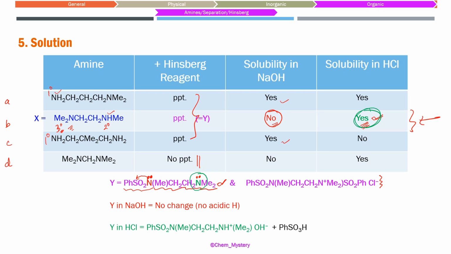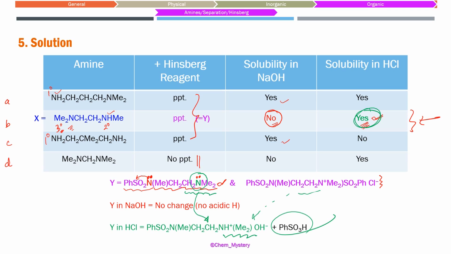Whatever benzene sulfonyl chloride would have been present would have converted into this. It can also come from this compound, but mainly we'll think this is coming from this. That's how compound X was one where 2 degree amines as well as 3 degree amines were present. We should not jump to the answer directly on the basis of the 2 degree amine. Okay, I hope that's a crystal clear explanation.